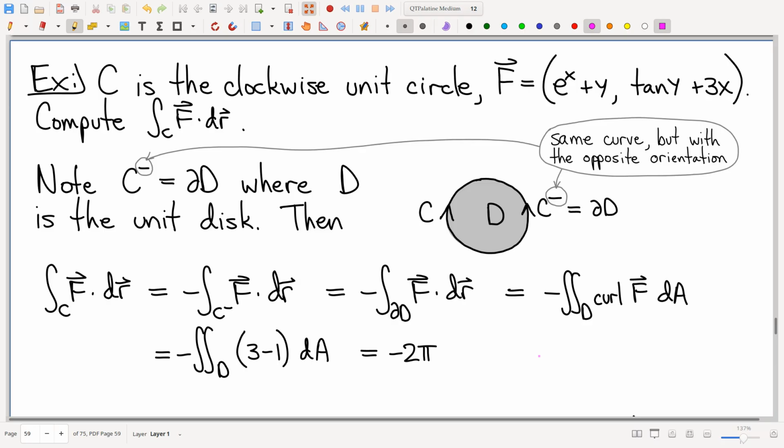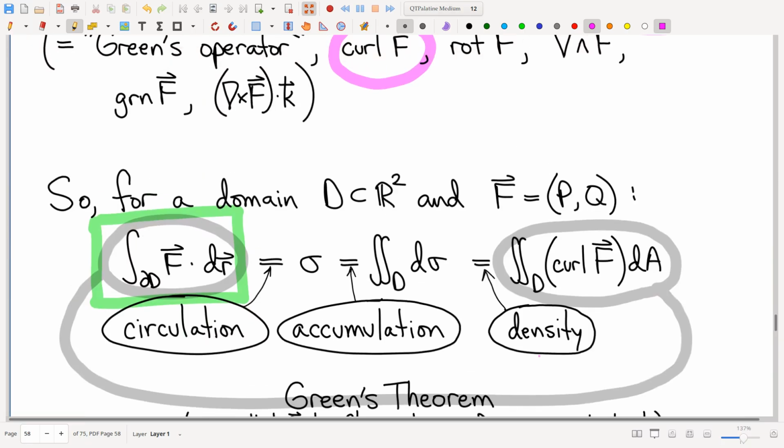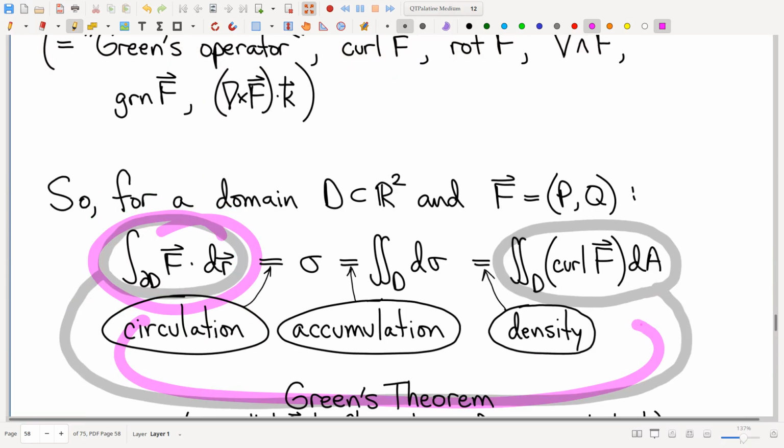A strategic observation that I'll make here. Green's theorem is a way of turning one question into a different question. What we've done here, it turns a line integral problem into a double integral problem. It's a tool. It's not a magic wand.